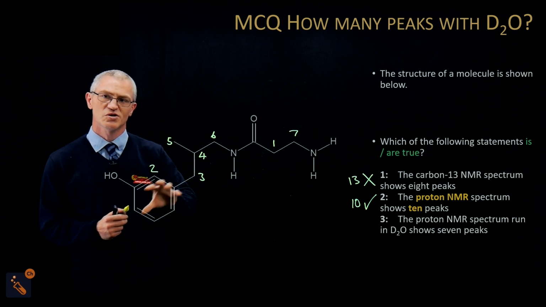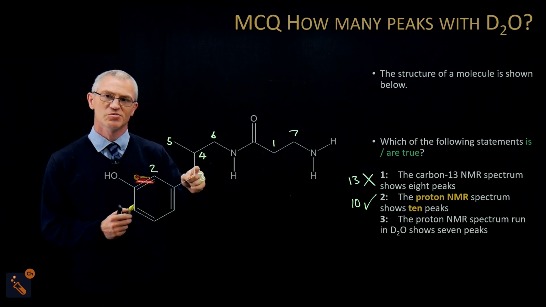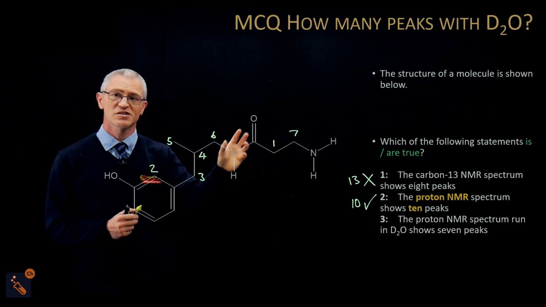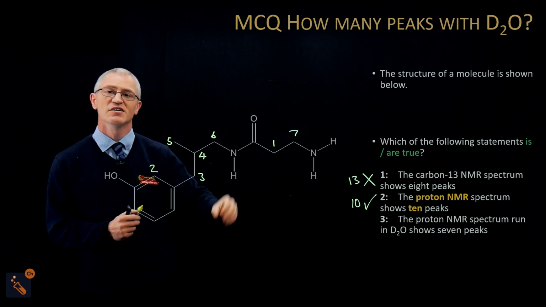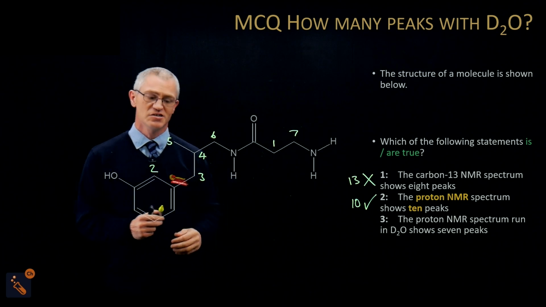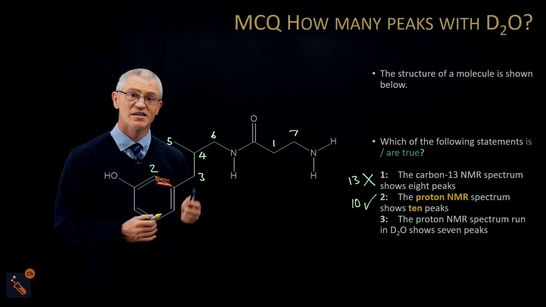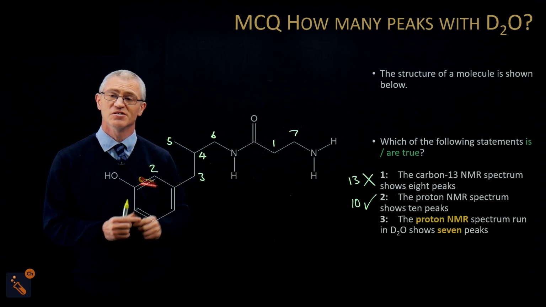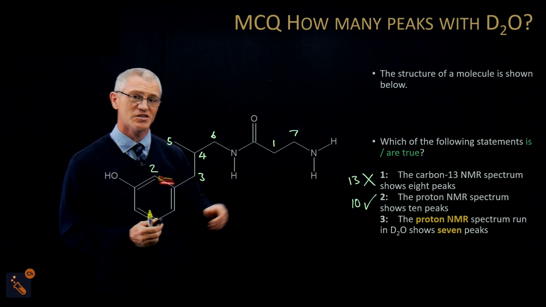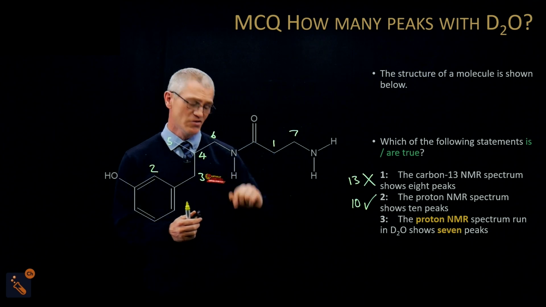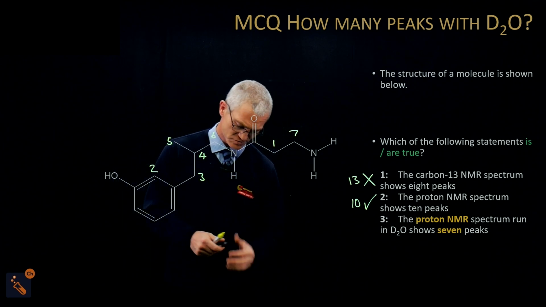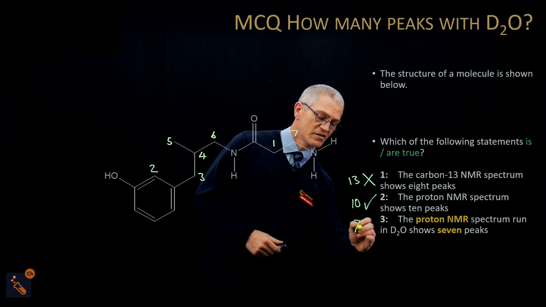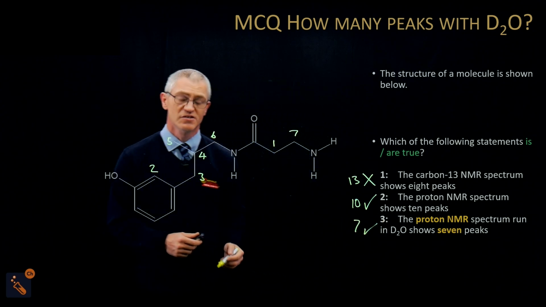We've got the whole protons from the benzene and the protons from all the carbon chains, but we are not including the protons that are labile in the amide and the NH2, and that is because they are being washed in D2O and they're being exchanged. So that means with D2O there are 7 peaks, and therefore that is correct.